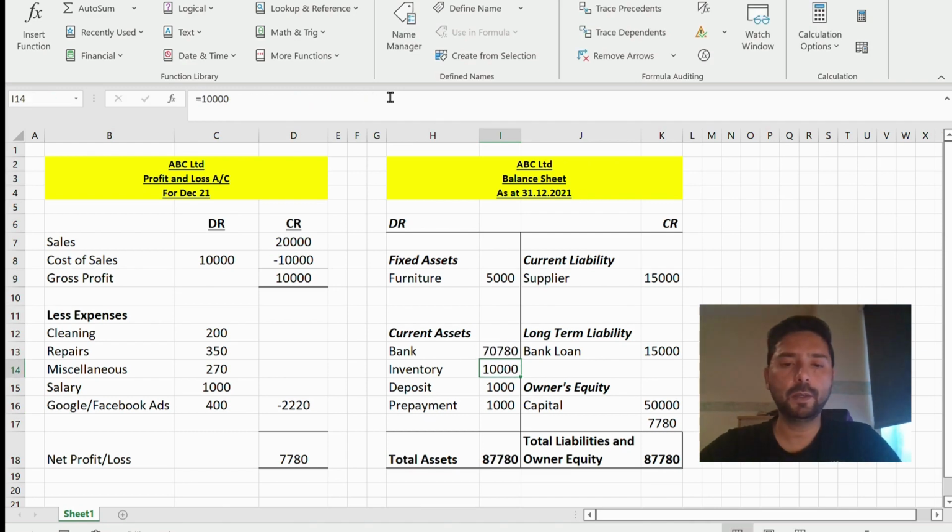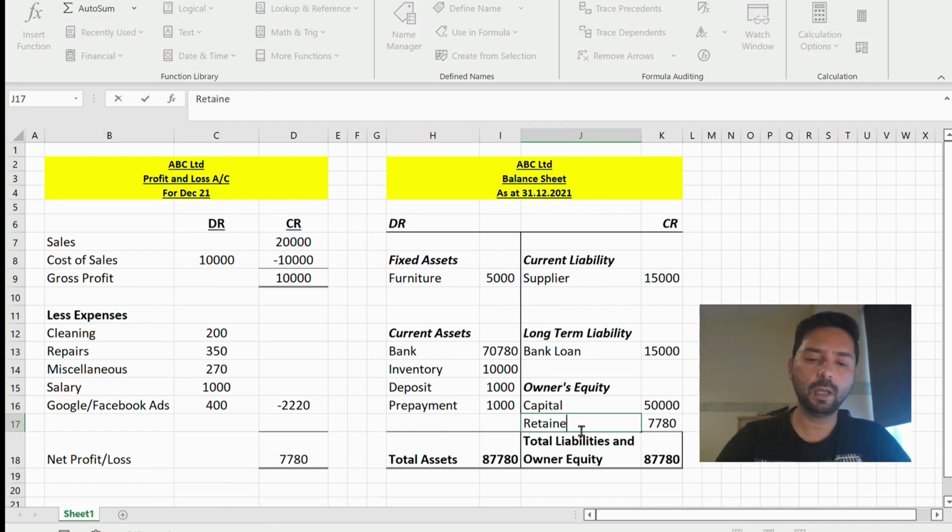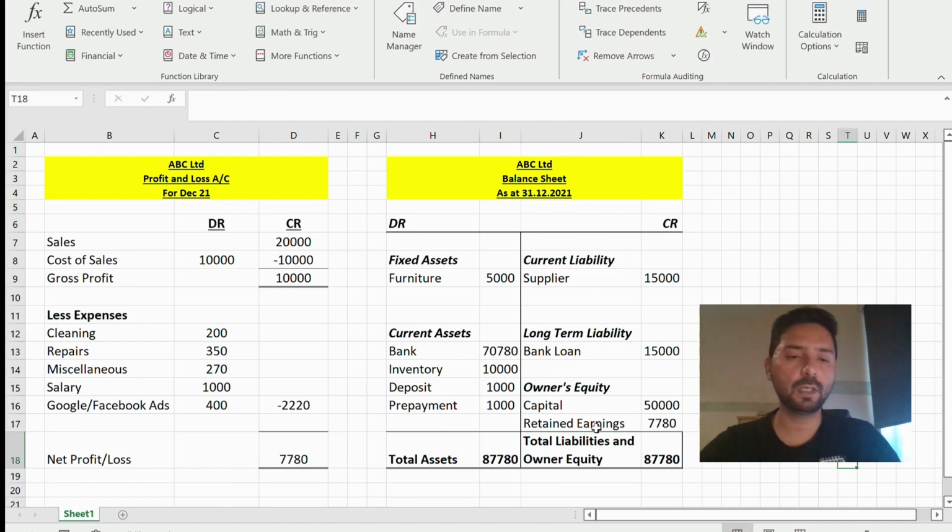Okay, and then this profit at the end of the day, it's the owner's profit, right? The business profit. So it has to go somewhere here in the owner's equity section. This profit, for a moment, let's just call it retained earnings. As I mentioned earlier, we will learn about these things in a bit more detail in later videos.